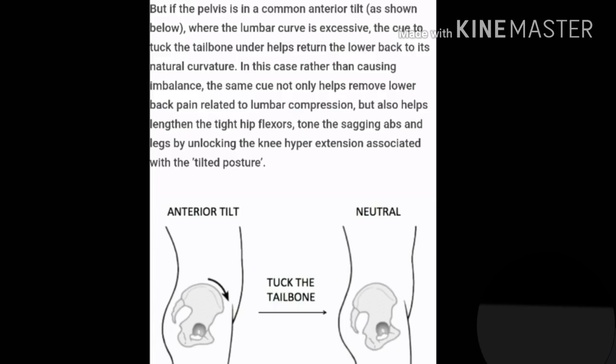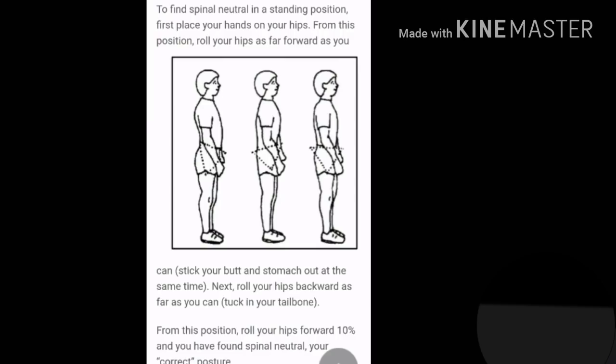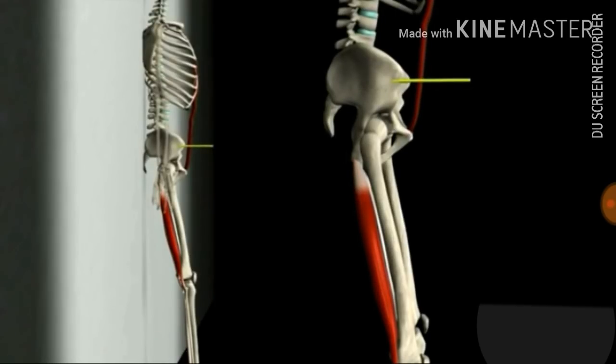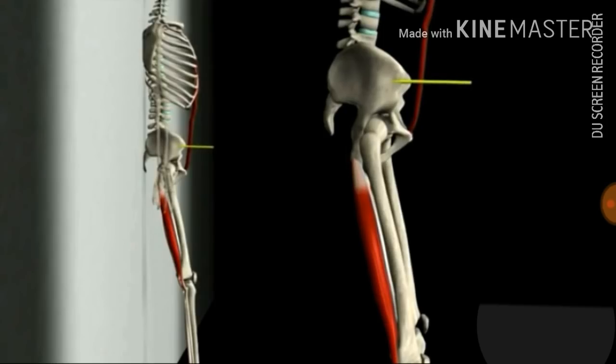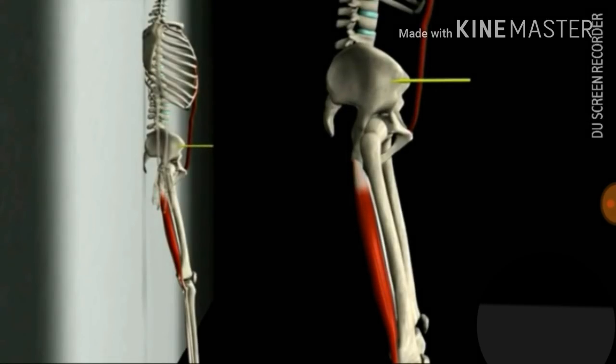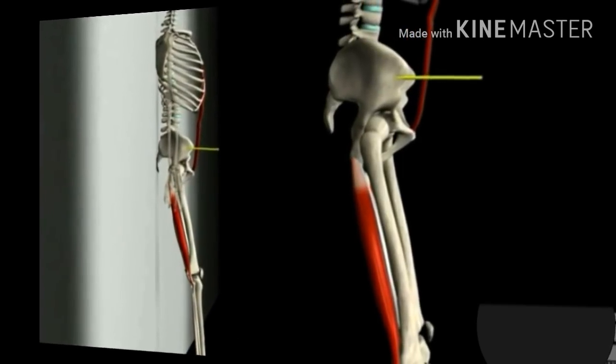It also engages our abdominals, further protecting our spine, saving our lower back from problems. This diagram is good, but this representation in 3D is better. It shows us how to perform the neutral position of the pelvis. It also shows what muscles are engaged.